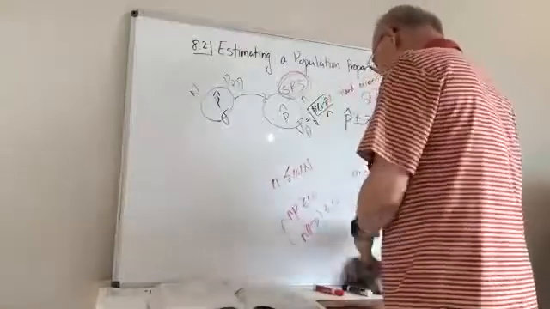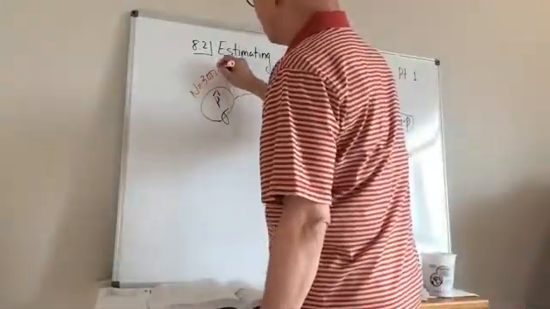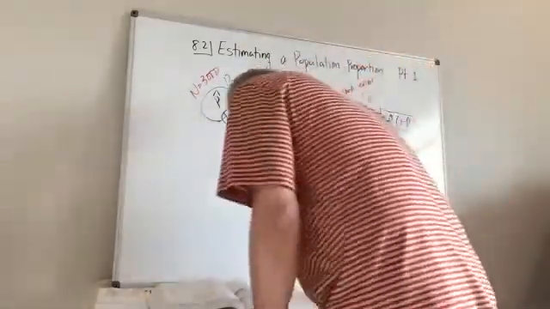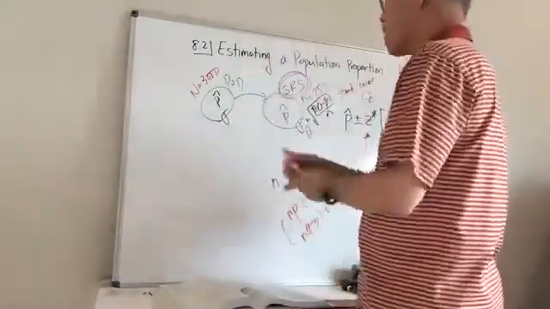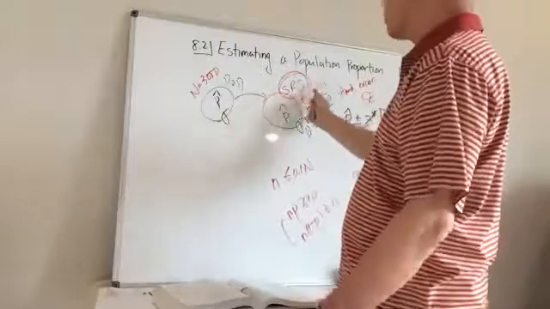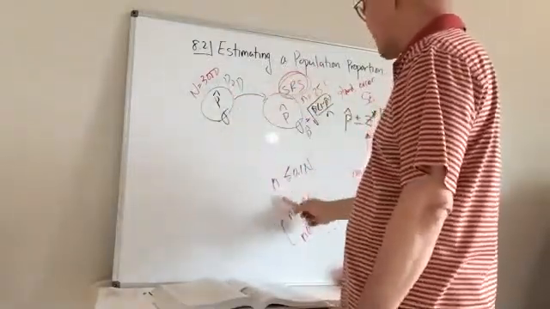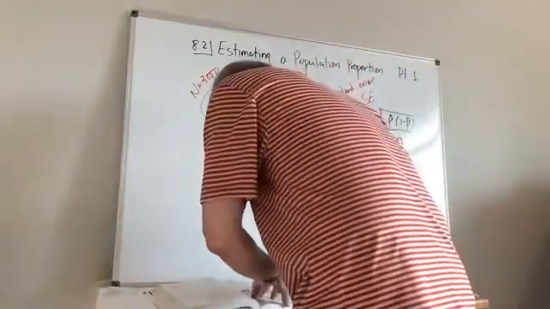Large N is 3,000, and we sampled 251. It's a random sample, so we're good with that. Second, we are less than 10%.